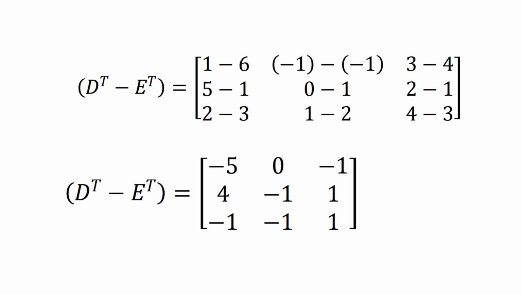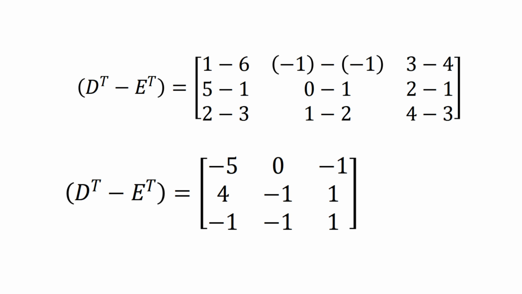Now we are going to subtract the corresponding elements of the transpose of matrix E from the transpose of matrix D. So we have here column 1: 1 minus 6, 5 minus 1, and 2 minus 3. For column 2, we have negative 1 minus negative 1, 0 minus 1, 1 minus 2.